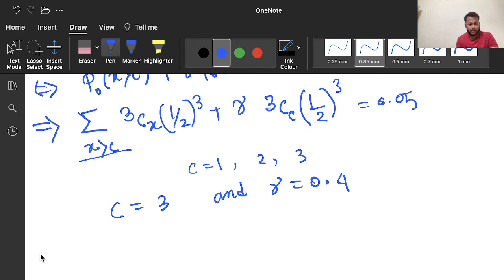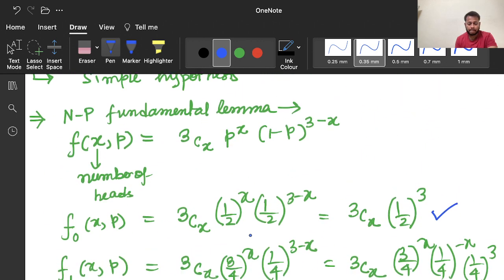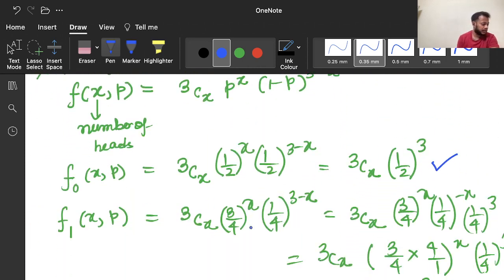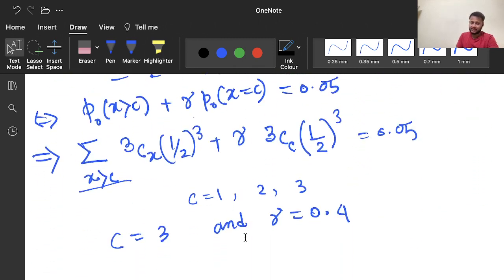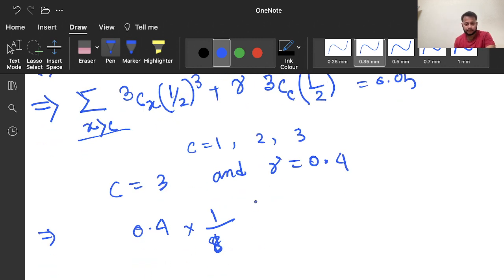Let me put it here. If c is equal to 3, then for x greater than 3 it will be 0, because x can only take values 0, 1, 2, 3, and 4 it cannot take, so it is 0 basically.